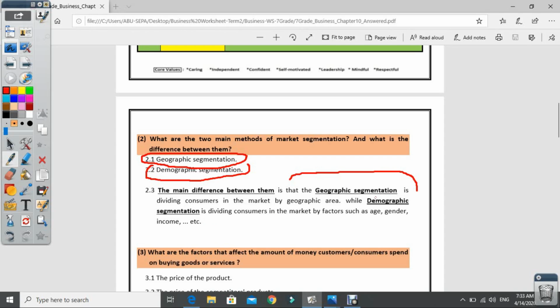While demographic segmentation is dividing consumers in the market by factors such as age, gender, income, etc. It's like creating a market for teenagers, or for older men, or only for women, or only for boys, or a market specialized for a certain level of people.